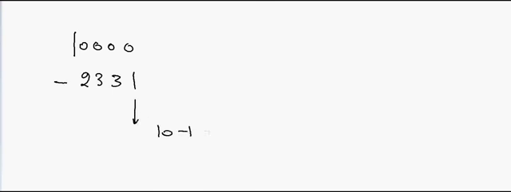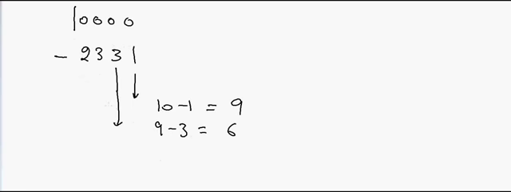The same thing can be done for larger numbers. Suppose I have 10000 and want to subtract 2331 from it. In that case, first I take the 2, so 10 minus 2 is equal to 8, and I take the 3, so 9 minus 3 is equal to 6.